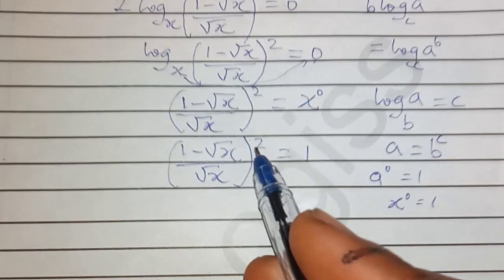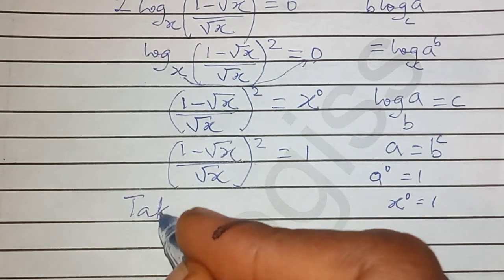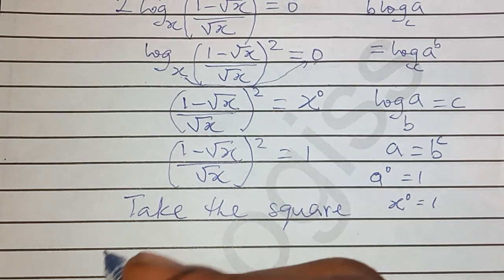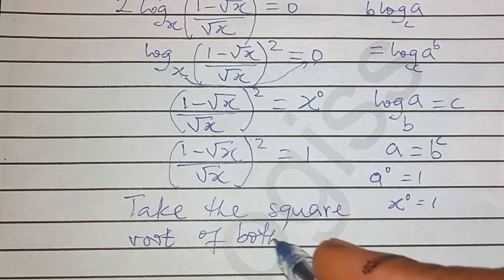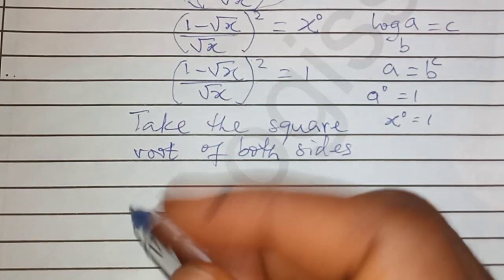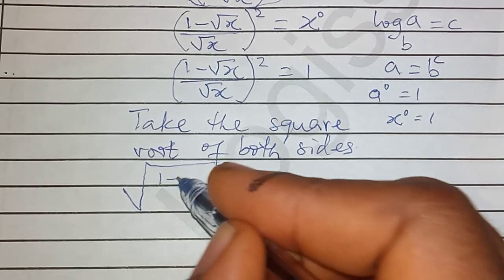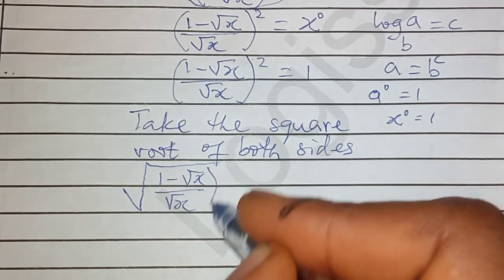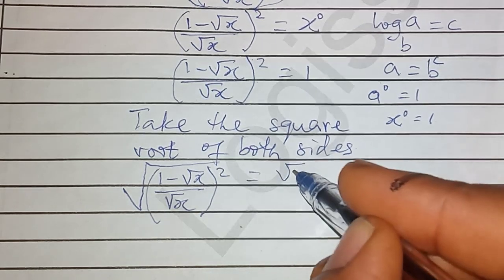Then for us to remove this square here, we take the square root of both sides. So when we do that, we will be having the square root of 1 minus square root of x all divided by square root of x all raised to power 2 is equal to the square root of 1.